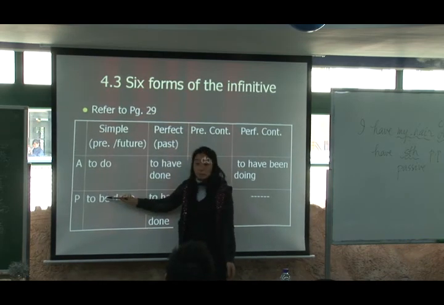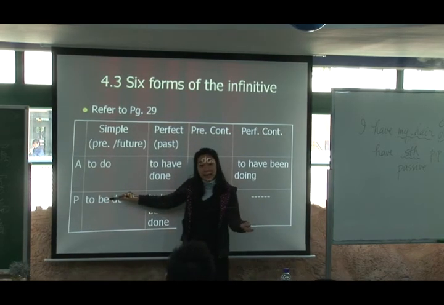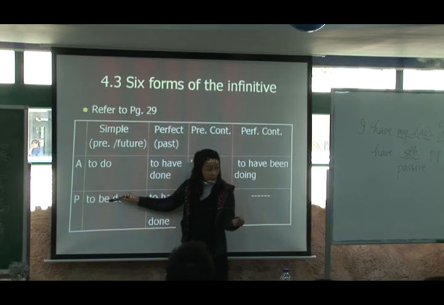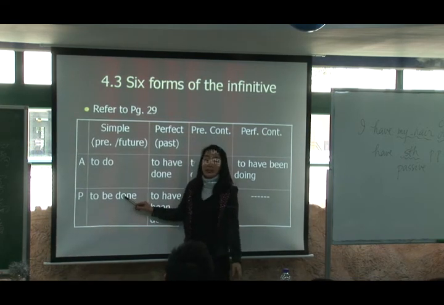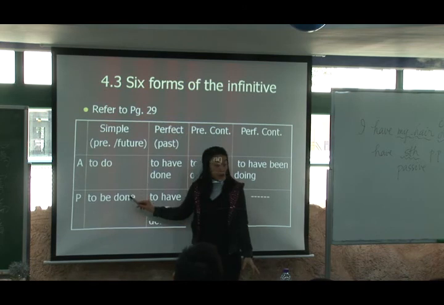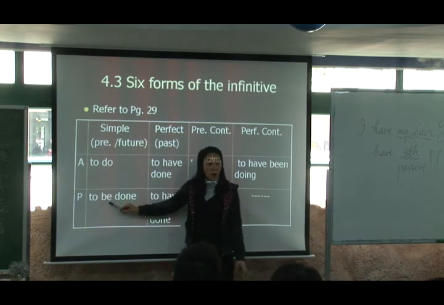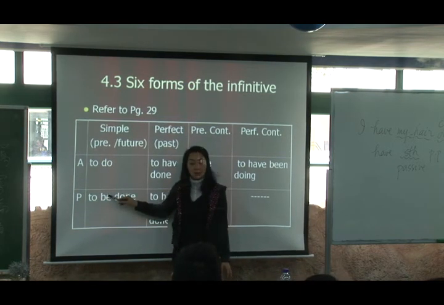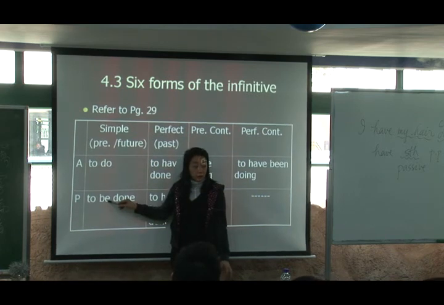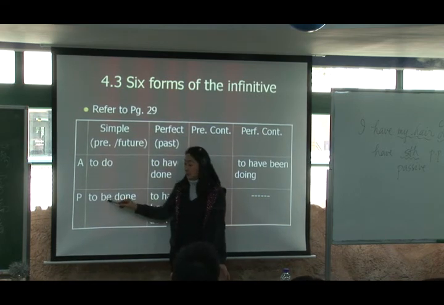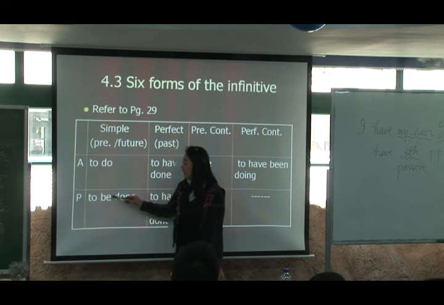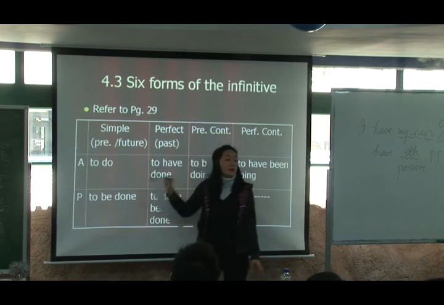What do you need? Be. Do you remember being? Be, been. Alright, to infinitive. It is a present form of the verb. That's why we use present form of be, not to being. To be, okay, present form, to be done.